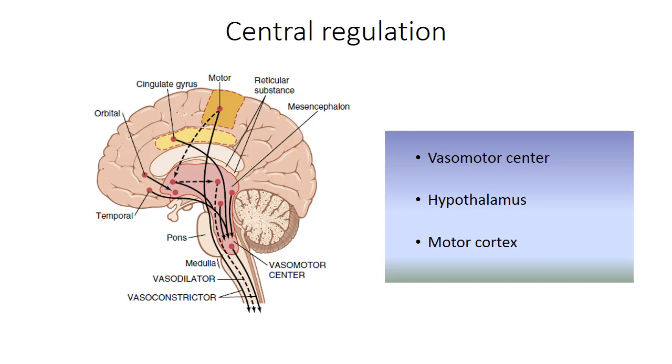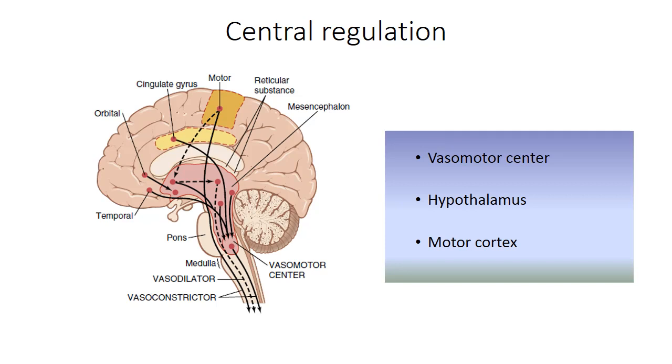Here, this figure shows the important regulatory centers for blood flow and the circulatory system. The first and important center that you know is the vasomotor center. The vasomotor center has three parts, and we've discussed this. Let's see other subcortical and cortical centers that regulate blood flow.